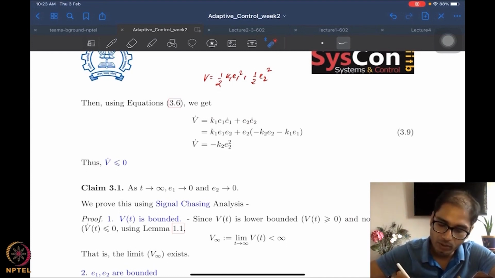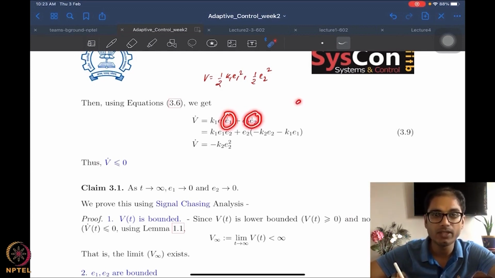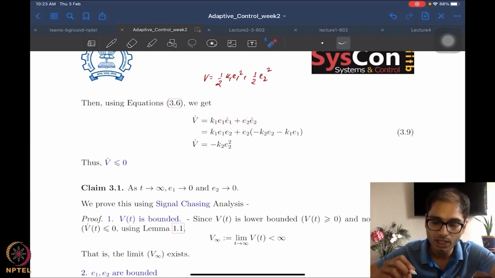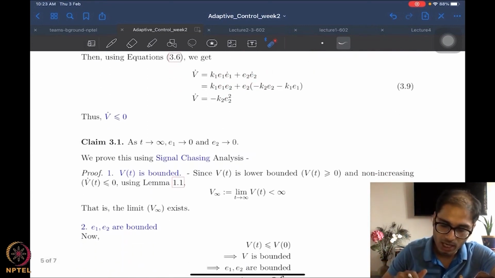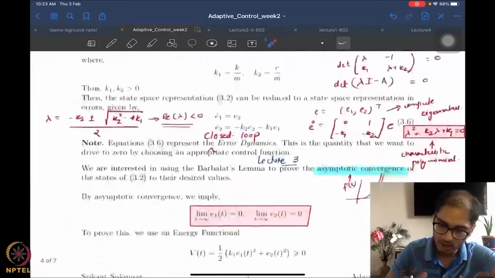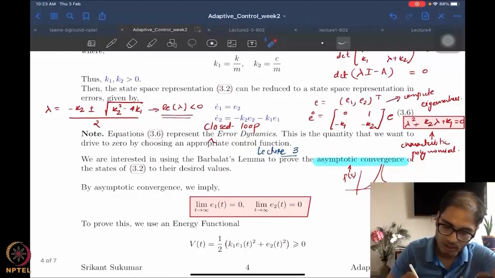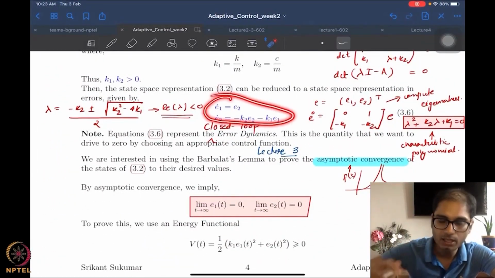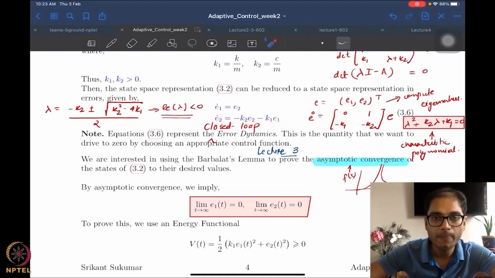Okay, and what do I do here? Now I substitute from the dynamics of e1 and e2. And what is this dynamics? It's already written here, right? This is my closed loop dynamics.